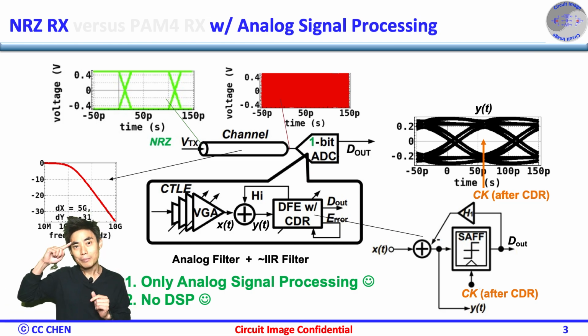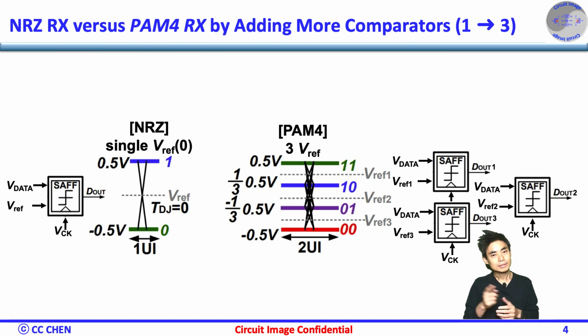Think about the comparator level image for 5 seconds. Correct. In NRZ, there are 2 levels along with 1 reference over the comparator to design for 1-bit conversion. If we have 4 levels in PAM4 signaling, there are 4 levels along with 3 reference levels to design for 2-bit conversion, which we can extend easily by just adding 2 more comparators.